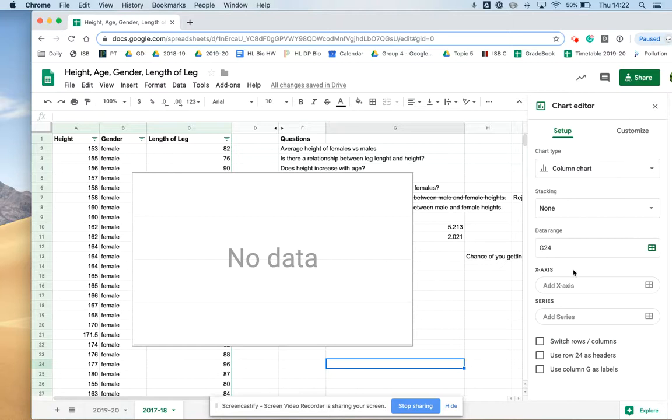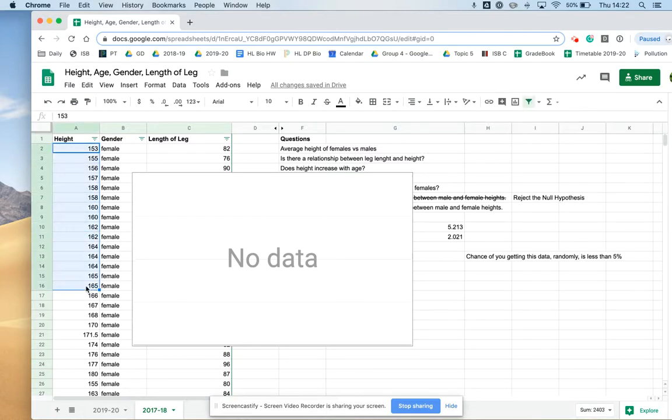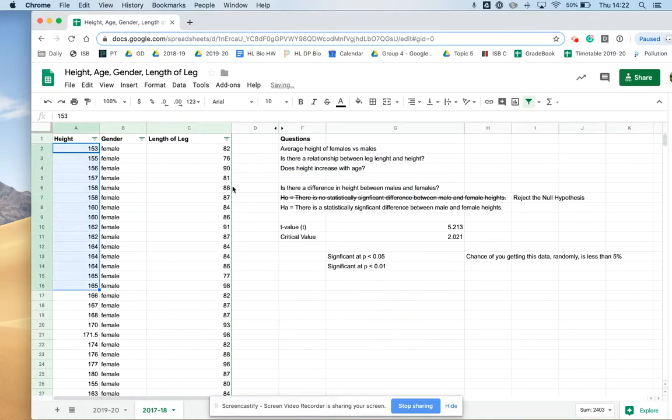Okay, it's a column chart. Data range is, sorry, this is not working quite the way. But if you made a graph of the heights, you would see one was much higher than the other. Okay, supporting this idea that there is a difference. You can see that difference. So all this stats is doing is basically giving you numerical proof or statistical proof that there is a difference.